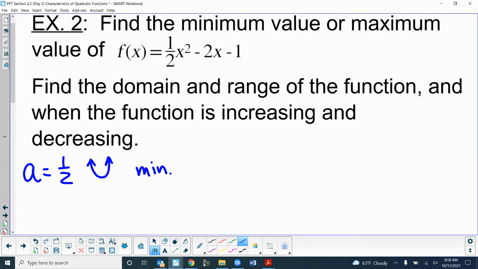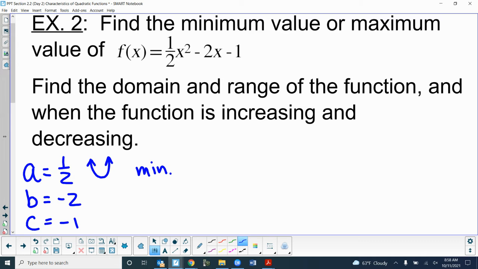Right, Jordan? Yeah. All right, so just looking at the A value lets me know if it opens up or down, if it's a min or a max. Questions? Okay. Now let's just do B and C. What's B? -2. C, -1.